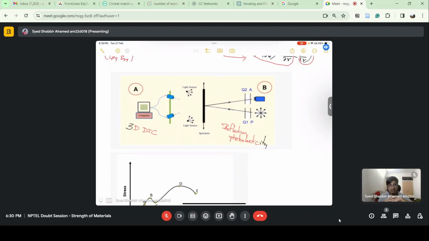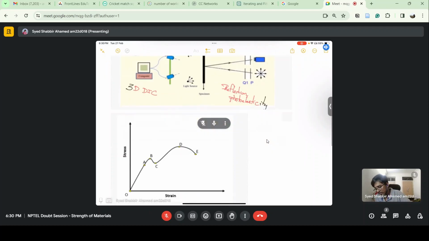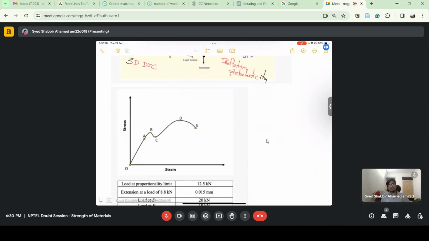In order to measure stress, there is only one way, which is photoelasticity, which our professor discussed in last week's lecture, along with concepts like how you relate the photoelastic properties with the mechanical properties. Different things have been discussed in the last class.